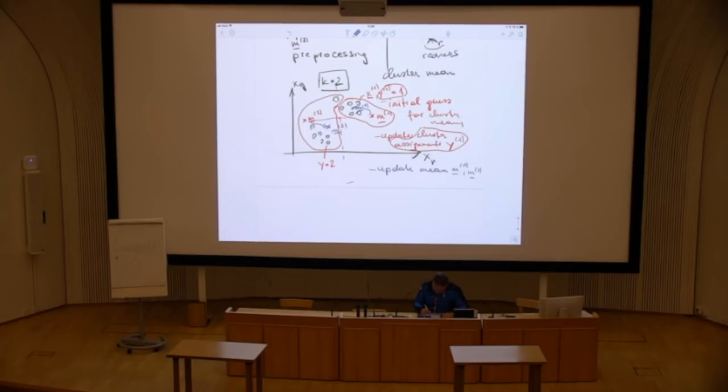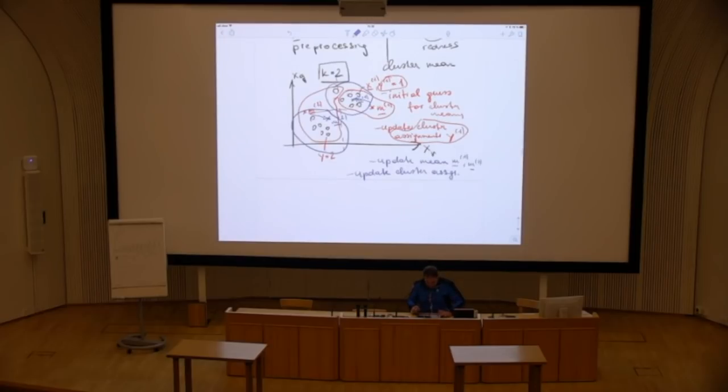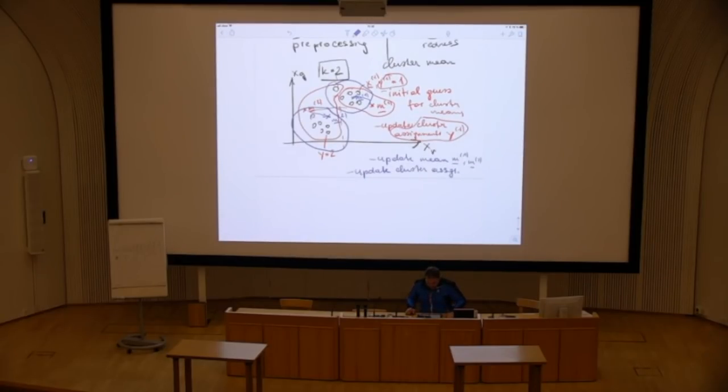We have to update the cluster assignments. So what do we get here? So it becomes this. Now we have a new cluster assignment. What do we do? Update the cluster means, yeah?